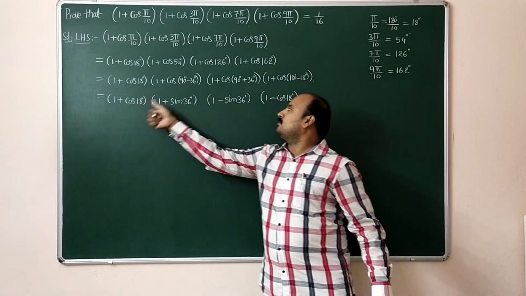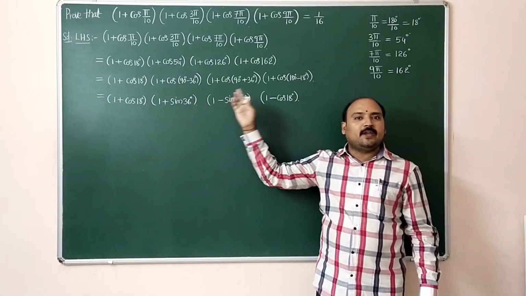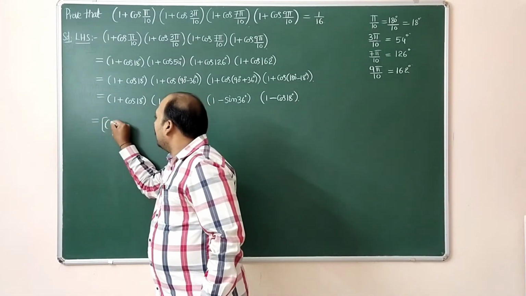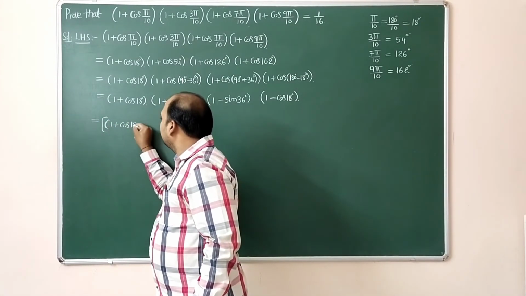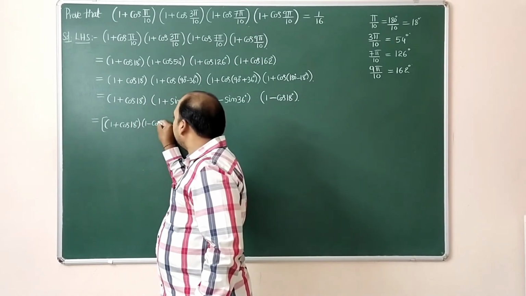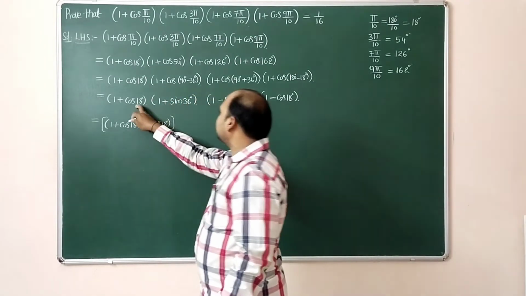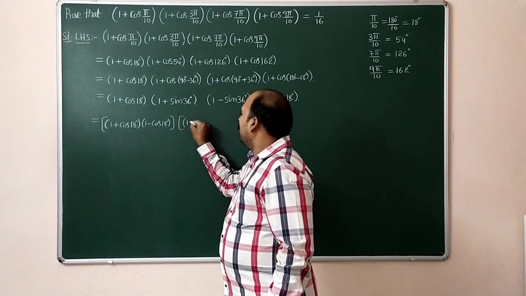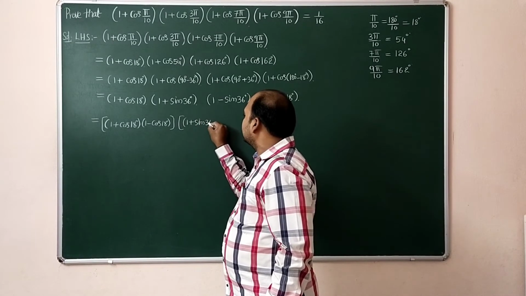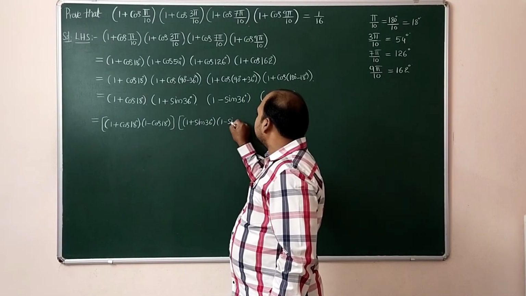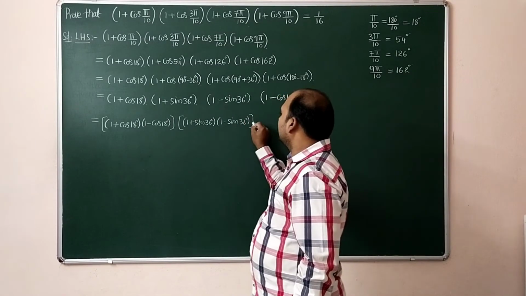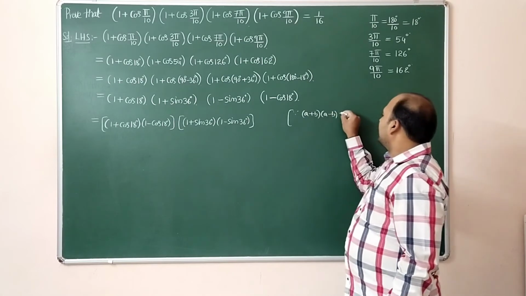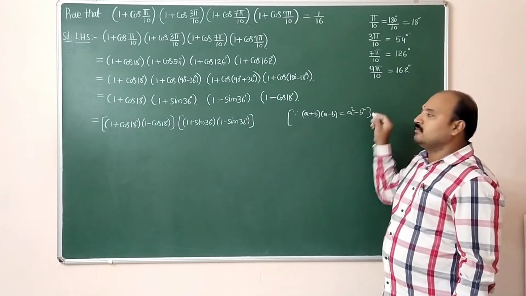Observe that the first term and last term are in the form of (a plus b) into (a minus b), which is 1 plus cos 18 into 1 minus cos 18. We are writing the product of the first term and last term as one term, and the rest of the two terms again as 1 plus sin 36 into 1 minus sin 36. It is in the form of (a plus b) into (a minus b), which is equal to a square minus b square.